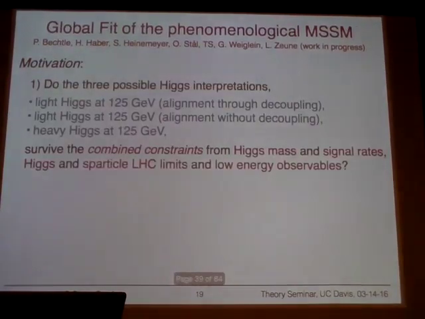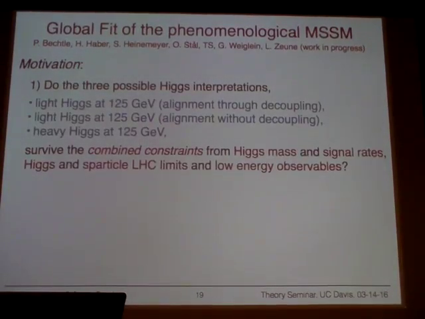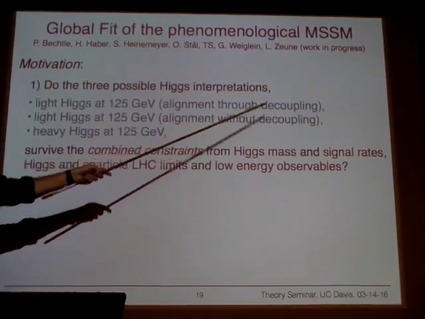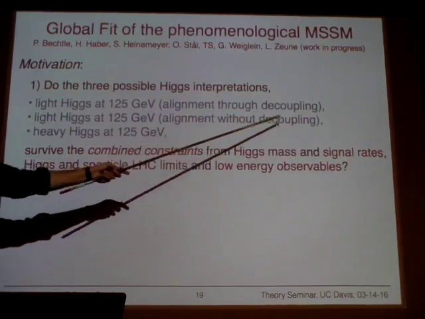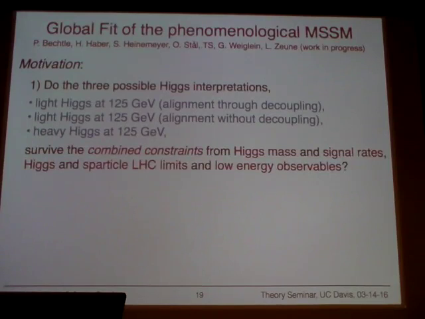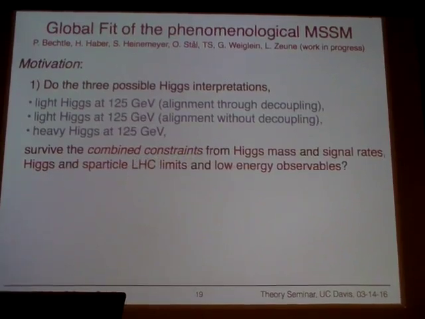The motivation is the question whether all these three possible interpretations, meaning the light Higgs at 125 in the decoupling limit, in the alignment limit without decoupling, or even having the heavy Higgs at 125 GeV as the standard model like Higgs, actually survive all the combined constraints from Higgs mass, signal rates, the limits from Higgs searches, from SUSY searches, and from low energy observables.